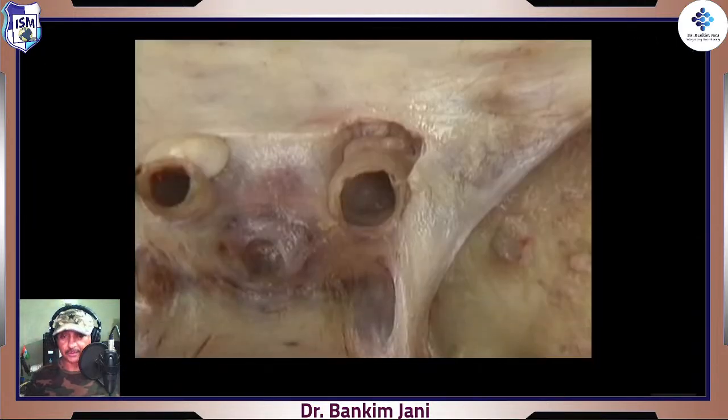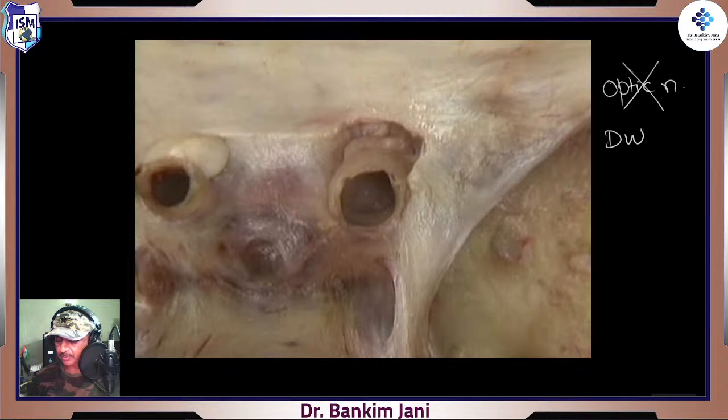Yes. See, this is what we have done. We removed the optic nerve, and then we scraped off some of the dura also. Now, can you see how nice and big this internal carotid artery is, this entire structure, the tube which is coming out.